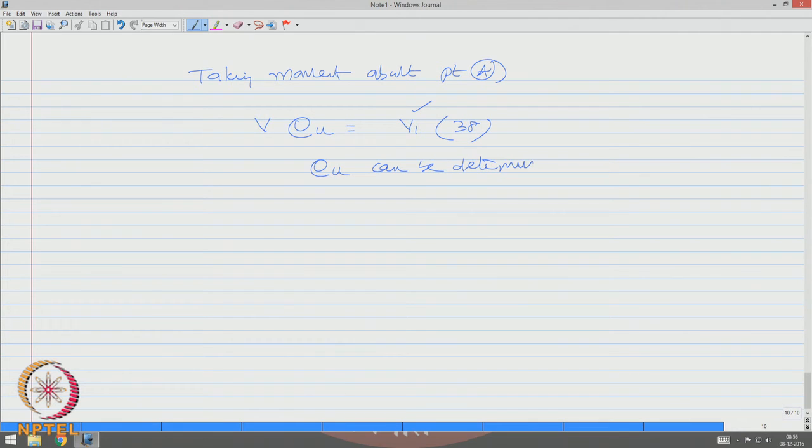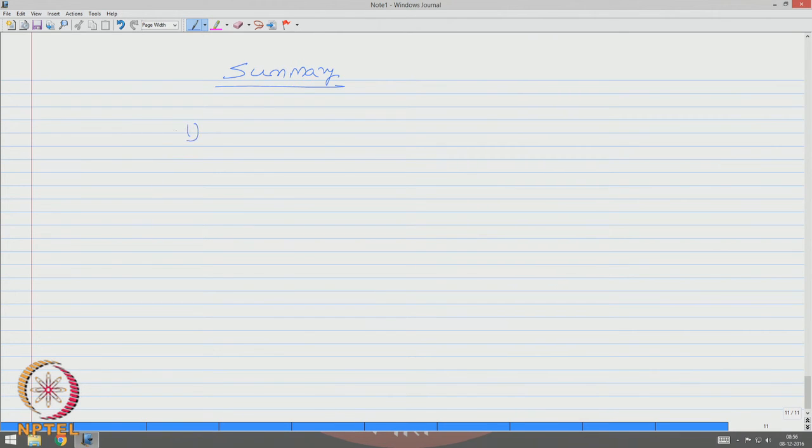So, friends, the summary of all these 4 lectures: shear center is an important location for thin walled cross sections.